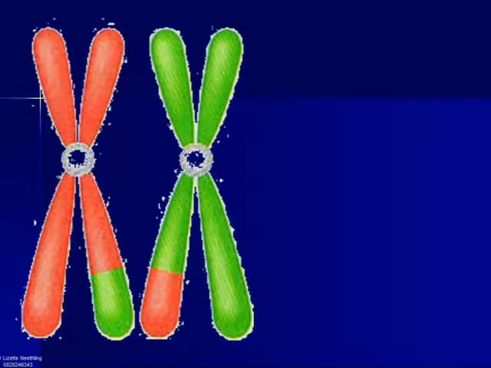What happened then, a piece of the one broke off, and it connected with the other one, and there you can see they've swapped a piece of the chromosomes. So in other words, say this was the mother chromosome, this was the father chromosome. Now the mother chromosome has a part of a father's genes, and vice versa.